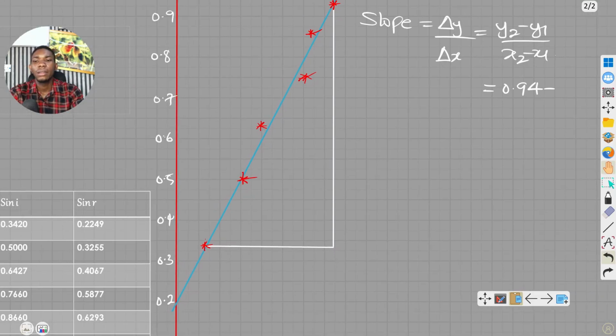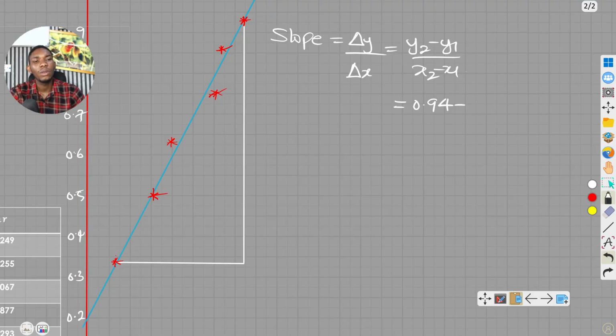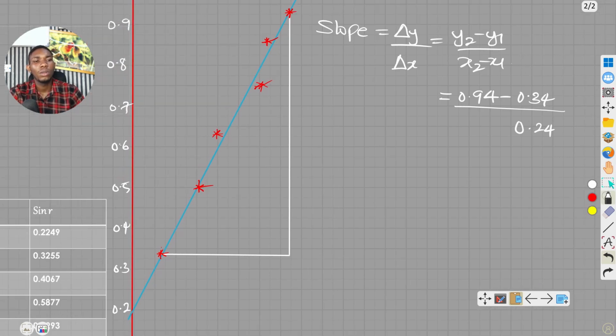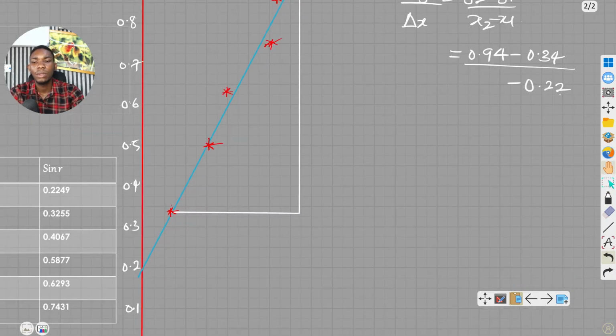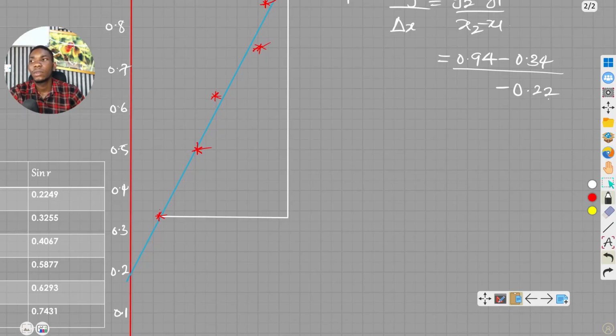Y1 is 0.3420 or 0.34. So we have 0.34. x2, of course, x1 is 0.24, right? 0.224, or let's say 0.22 approximately, minus our x2, 0.74. So we have 0.74.